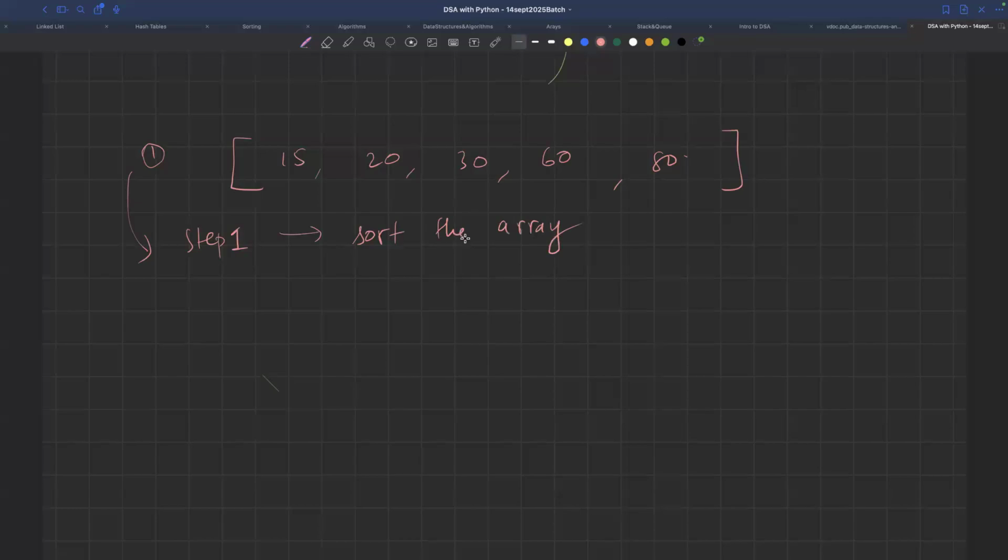Usually if you are working with binary search, you will see that the question situation is such that we will always have sorted array. If you don't have sorted array, you have to sort the array. Okay, fine. After that, what will be step 2?